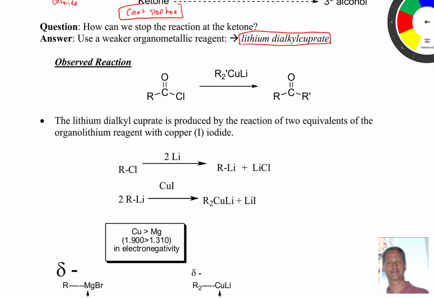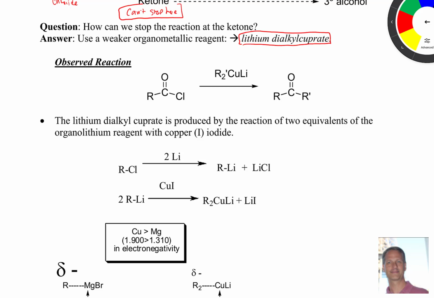All right, so the way that we use lithium dialkyl cuprates is you take acid chlorides and you add an R'2CuLi to it, and that will make a ketone. So that's how we end up stopping that reaction. Now, the dialkyl cuprate itself is prepared by the reaction of two equivalents of that organolithium reagent with copper iodide.